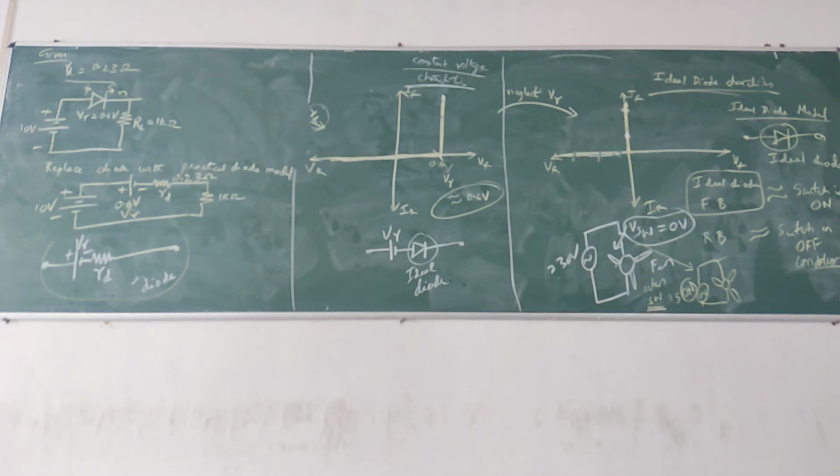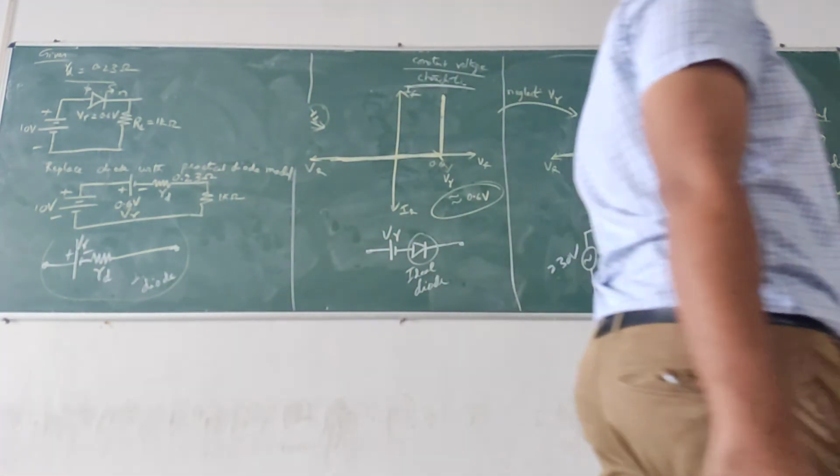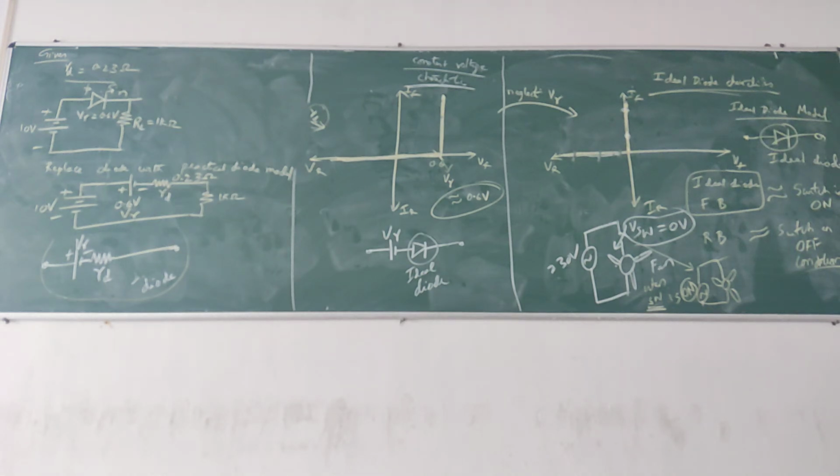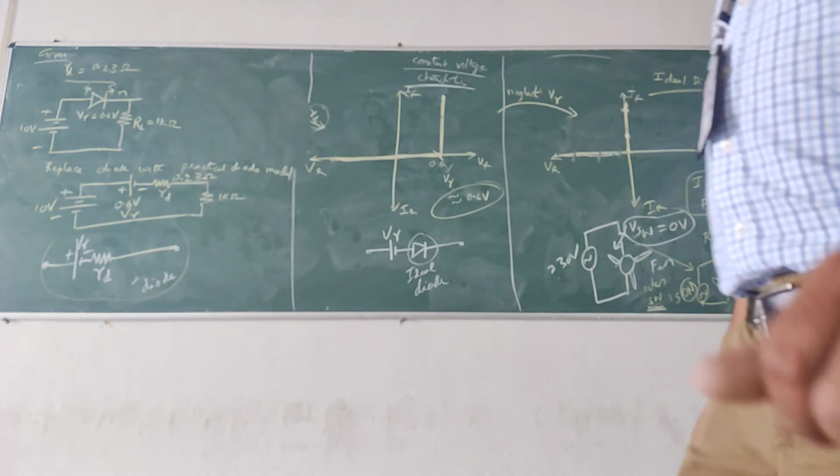That's a bad part. Try KVL. Then write KVL.